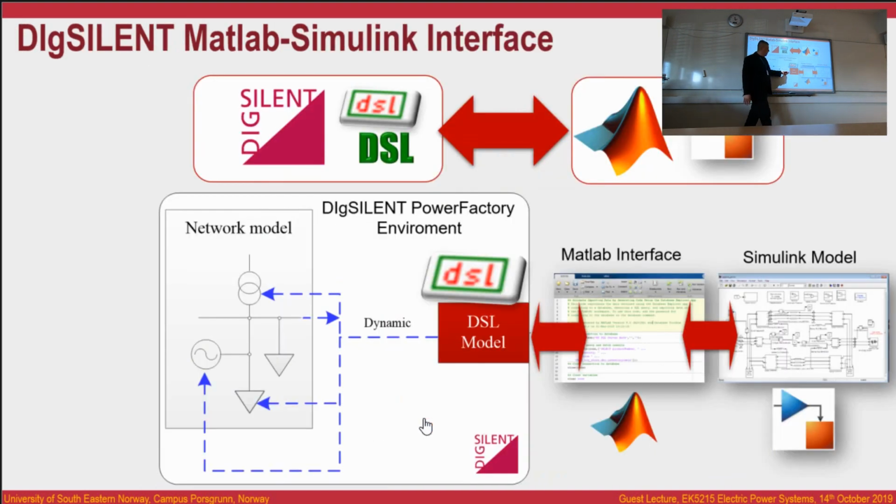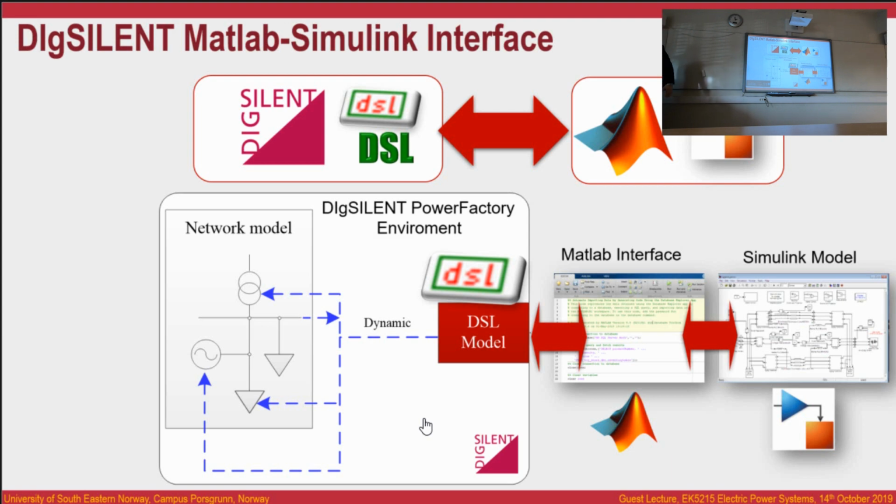This is the Simulink MATLAB PowerFactory simulation. Okay, what we have is a very short script in MATLAB. We have any kind of model in Simulink, and when we run the simulation, you must go here, pass data from here to there, then pass data from here to there, solve something, get the results, come back here, then come back here.